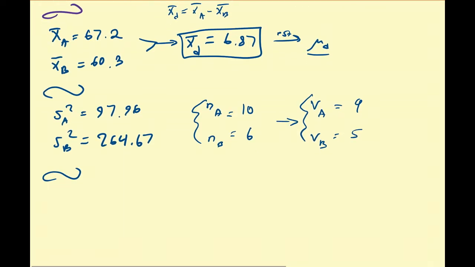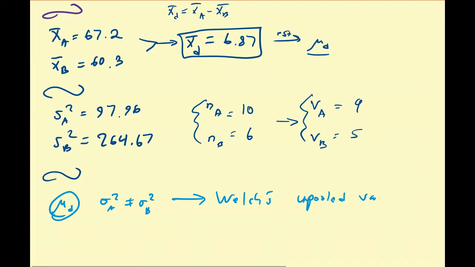All right, so just a quick bit of theory here. Since we're testing mu_D, and since we know that sigma_A squared does not equal sigma_B squared, this is where we're going to use a Welch's unpooled variance t-test.